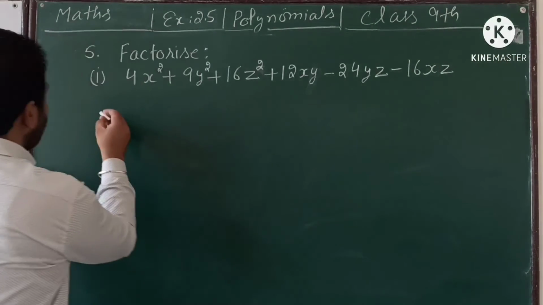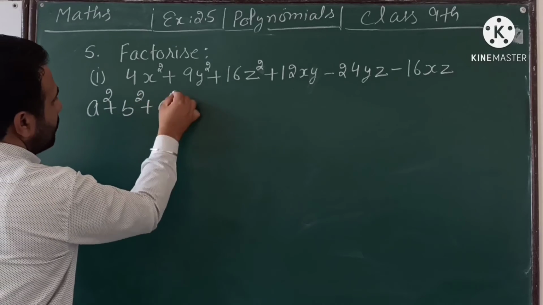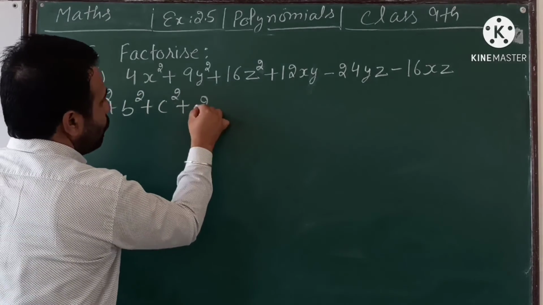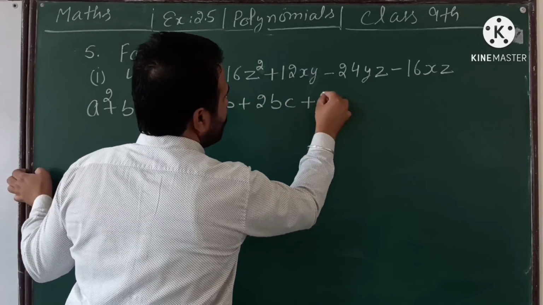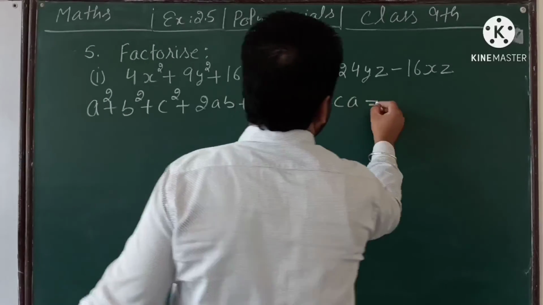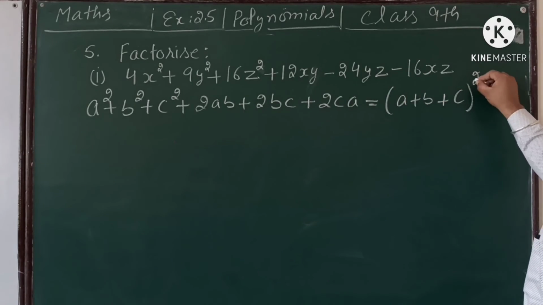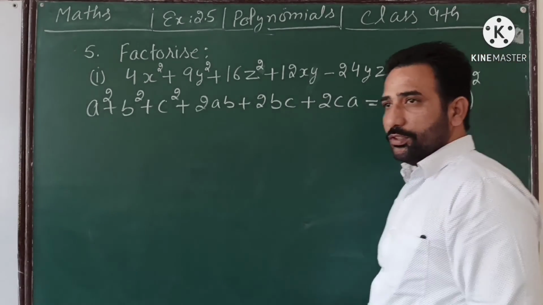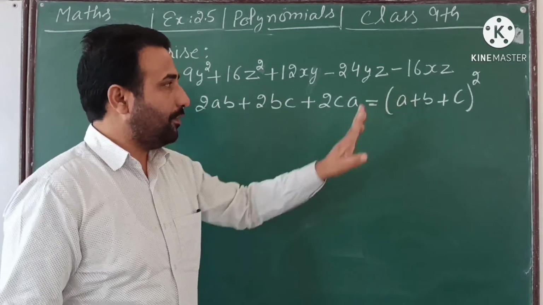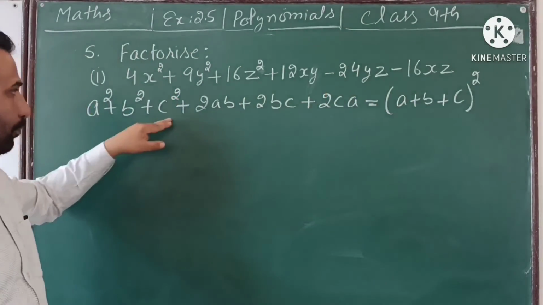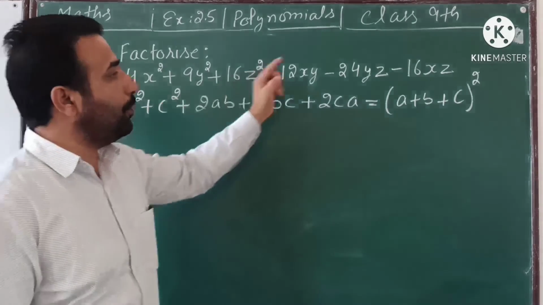That is a square plus b square plus c square plus 2ab plus 2bc plus 2ca equal to (a plus b plus c) whole square. Okay. Now student, you can see before it was our statement and we were converting it in this form. Now this is our statement and we will convert it into this form.